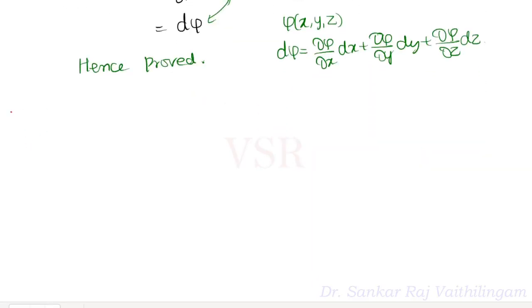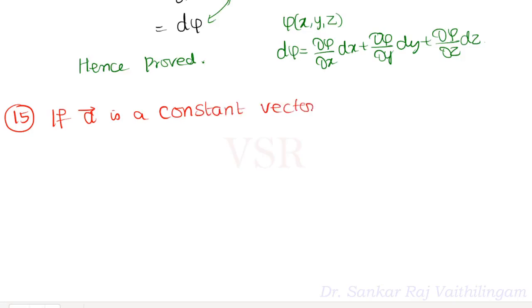15th problem. If A vector is a constant vector, show that del of r vector dot a vector is equal to a vector.